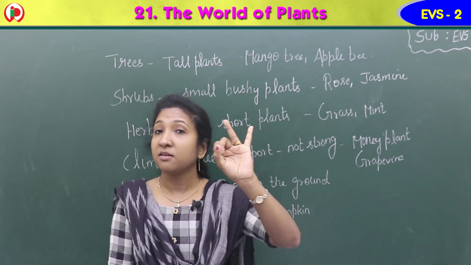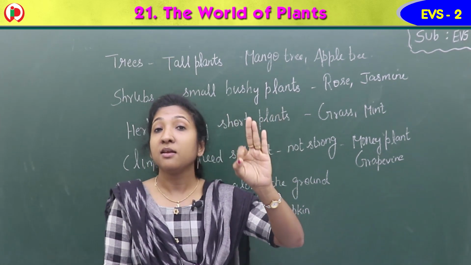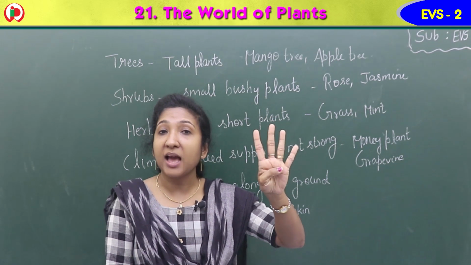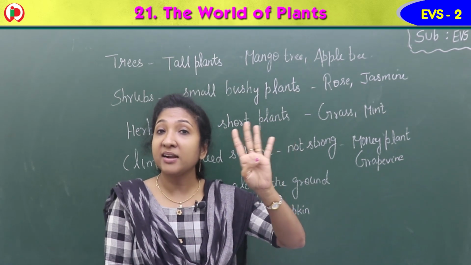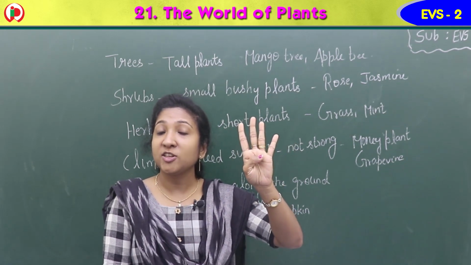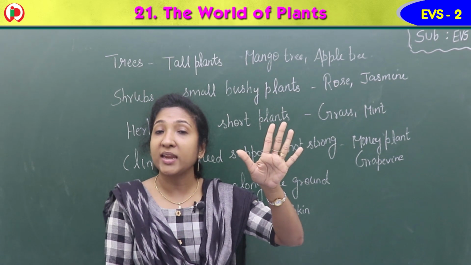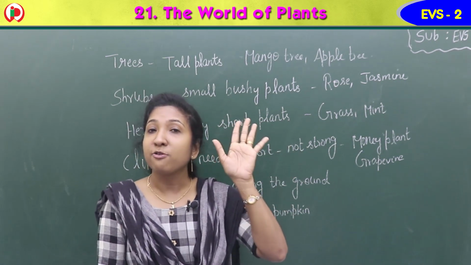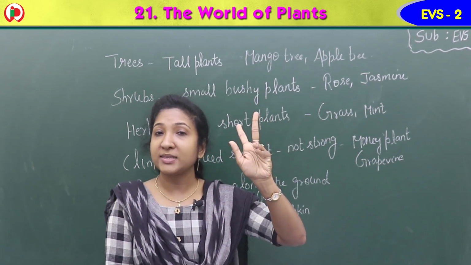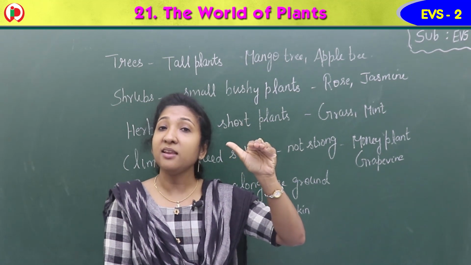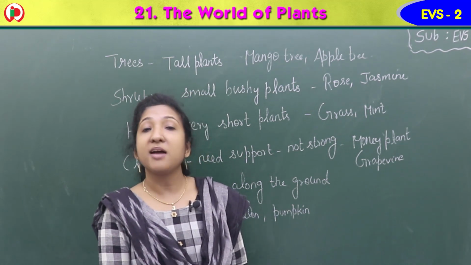Then fruits, F-R-U-I-T-S, fruits. Then branches, yes, branches, B-R-A-N-C-H-E-S, branches. Then the hard woody thing in the tree, it is stem, S-T-E-M, stem, or we can say trunk, T-R-U-N-K, trunk. So these are the 5 main parts of a tree, isn't it? Roots, fruits, leaves, branches, then stem or trunk are the main 5 parts of a tree or parts of a plant.